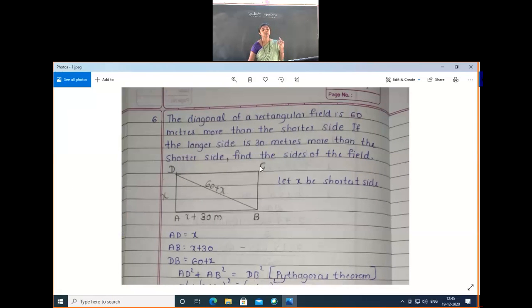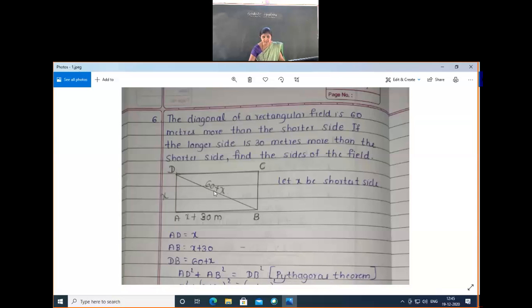Which one do we have to take as x? The shortest side we have to take as x. So ABCD is a rectangular field where DB is the diagonal. We are taking x as the shortest side. The diagonal of the rectangular field is 60 meters more than the shorter side, so the diagonal is x plus 60.